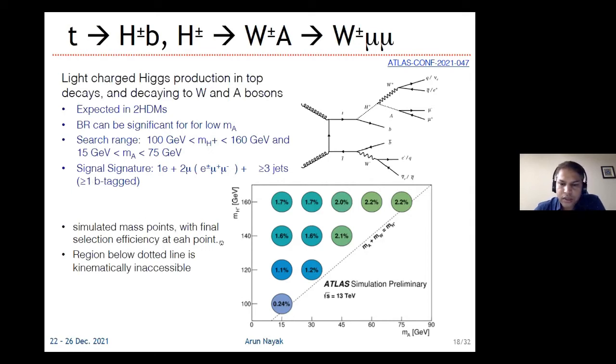The signals are generated with different mass grids for the A boson and H plus. You can see these are the points in this space, and the percentage numbers are the acceptance or efficiency numbers at each of these mass points.